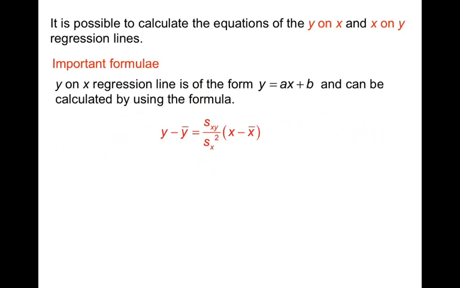Now it looks quite complicated, but y bar is the mean of the y data, x bar is the mean of the x data, and Sx is the standard deviation, which you've done already. If you square the standard deviation, you get the variance. Sxy is new, it's called the covariance, and we'll look at this in a different lesson.